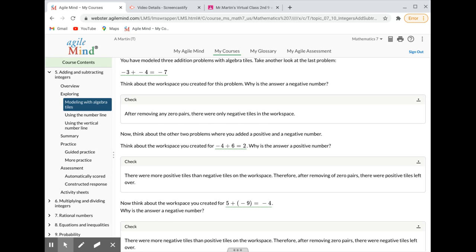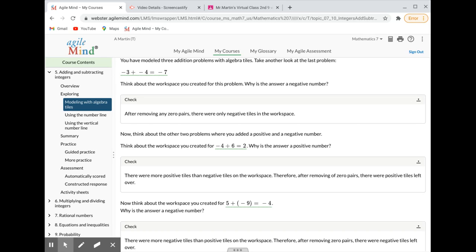Now think about the other 2 problems where you added a positive and a negative number. Think about the workspace you created for -4 plus 6 equals 2. Why is the answer a positive number? There were more positive tiles than negative tiles in the workspace.